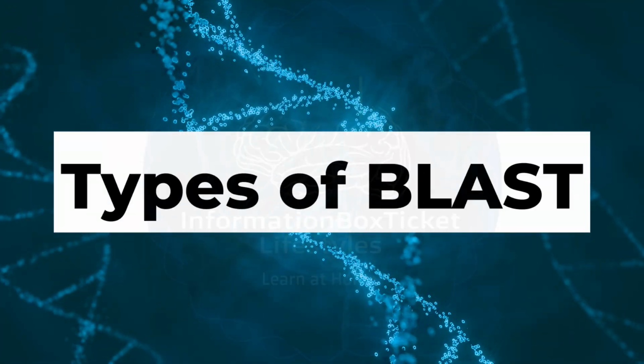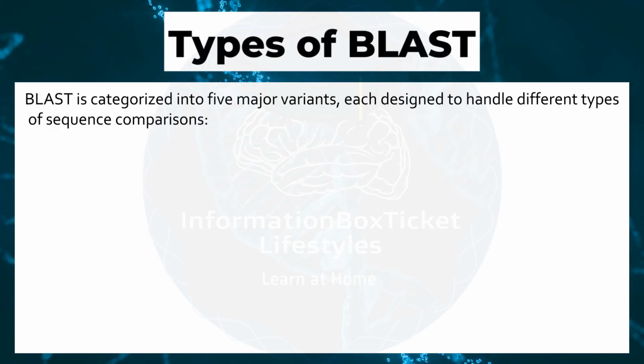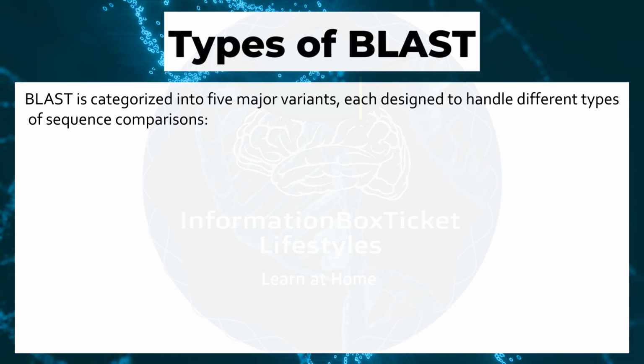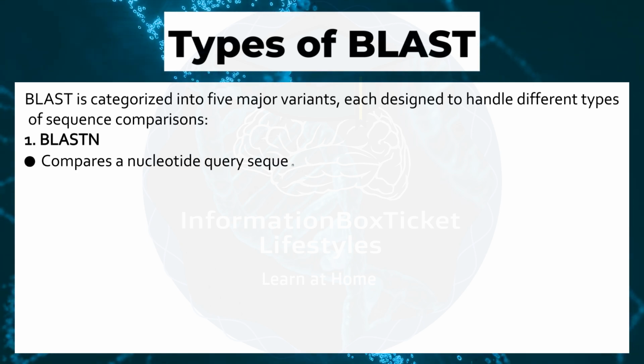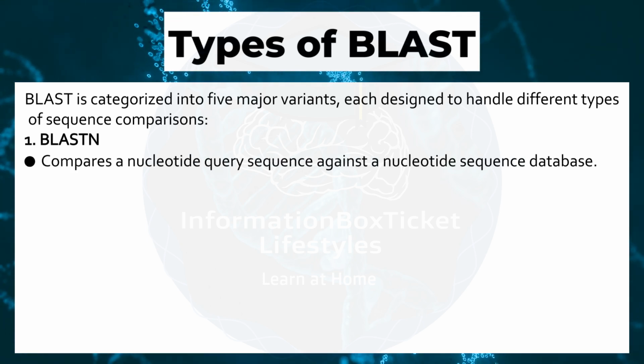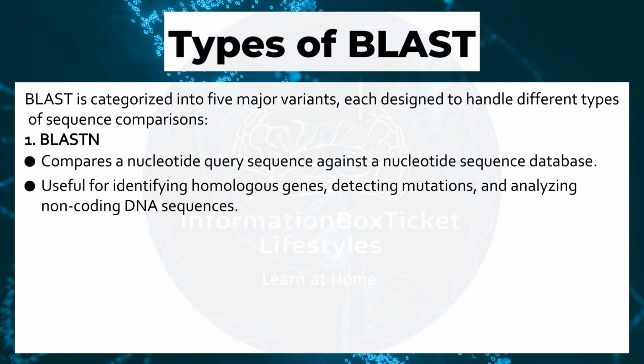Types of BLAST. BLAST is categorized into 5 major variants, each designed to handle different types of sequence comparisons. 1. BLASTN compares a nucleotide query sequence against a nucleotide sequence database, useful for identifying homologous genes, detecting mutations, and analyzing non-coding DNA sequences. 2.